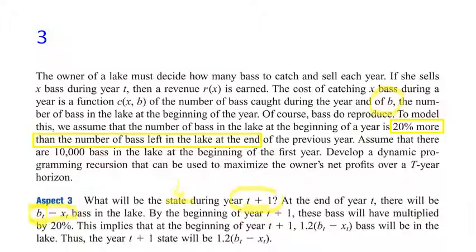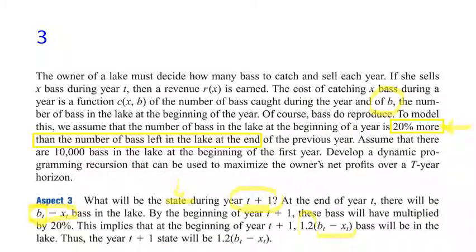However, the problem says that at the end of the year, at the very midnight of December 31, your bass fish suddenly become 20% more. So the BT minus XT fish that you have at the end of the year will be multiplied by 1.2 at the beginning of the next year.